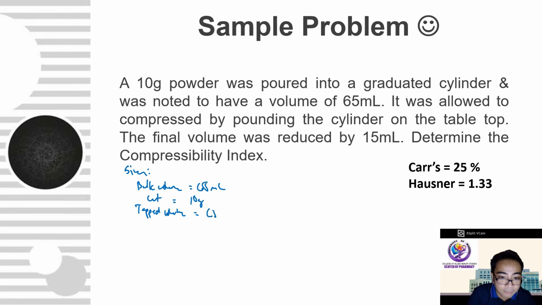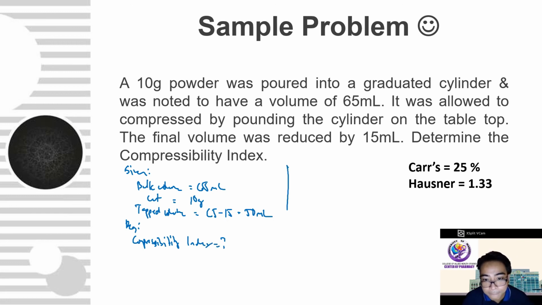So that's 65 minus 15, you get 50 ml. Right? So ang required natin is the compressibility index. Compressibility index equals unknown. So let's compute for both na.